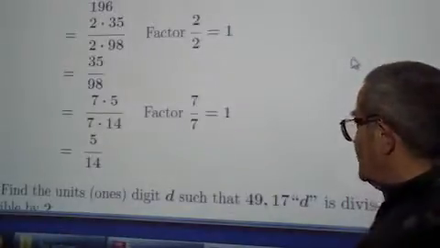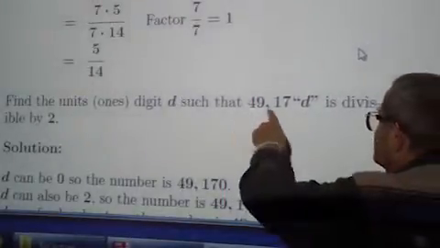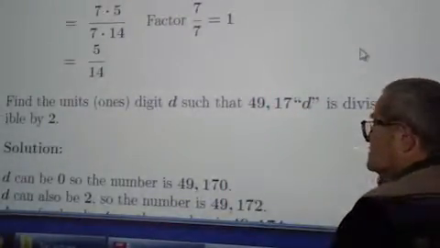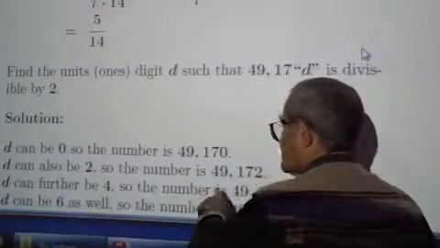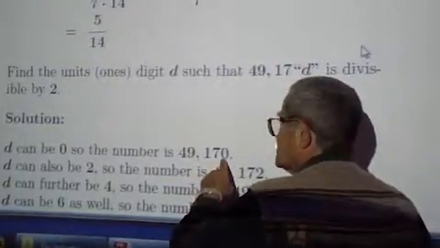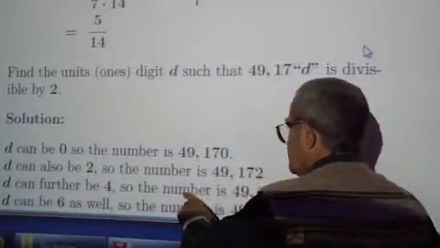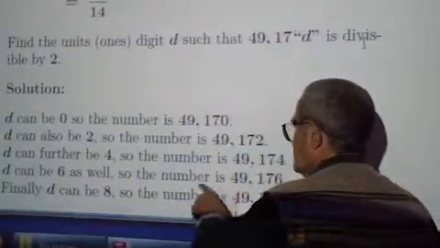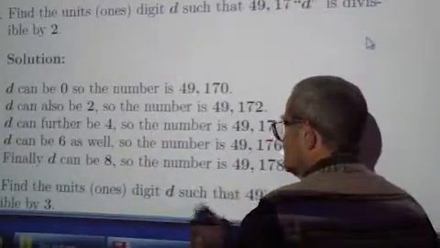Then find the units digit such that this 5-digit number can be divided by 2. So the last digit is 0, the last digit can be 2, the last digit can be 4, the last digit can be 6 or 8 for divisibility by 2.